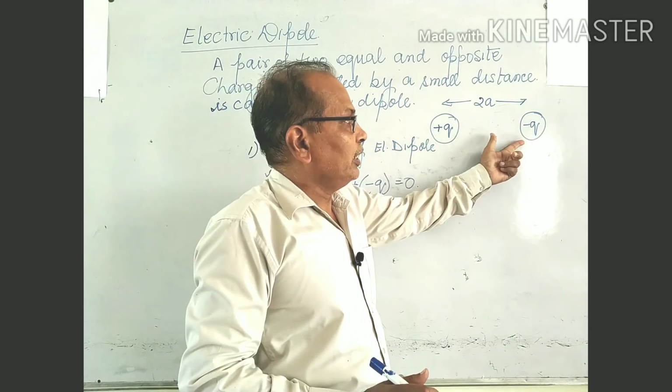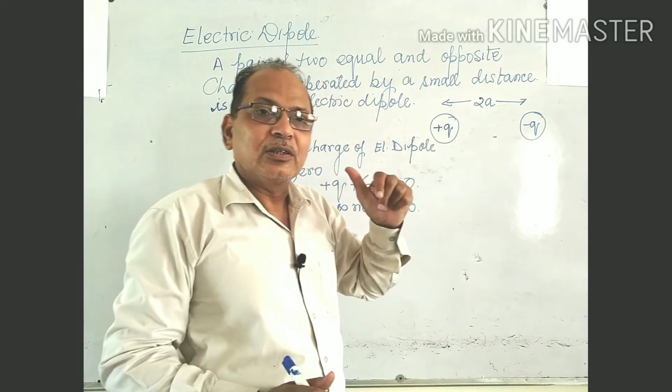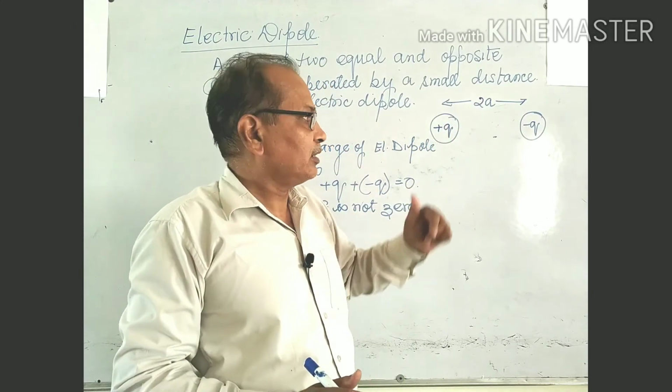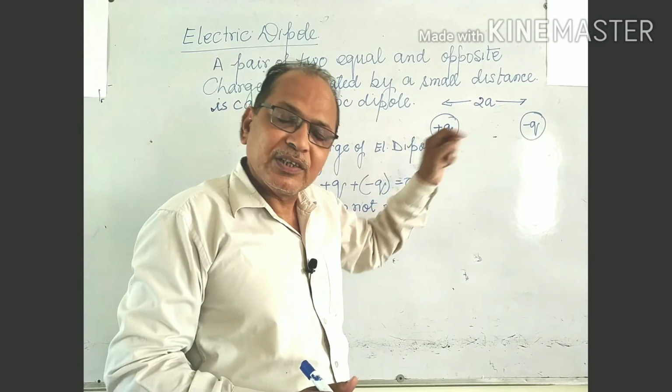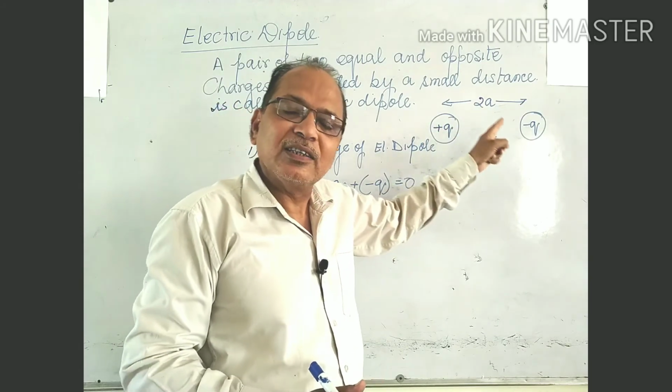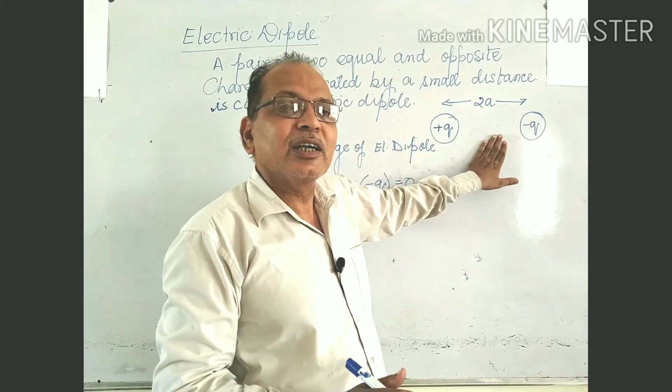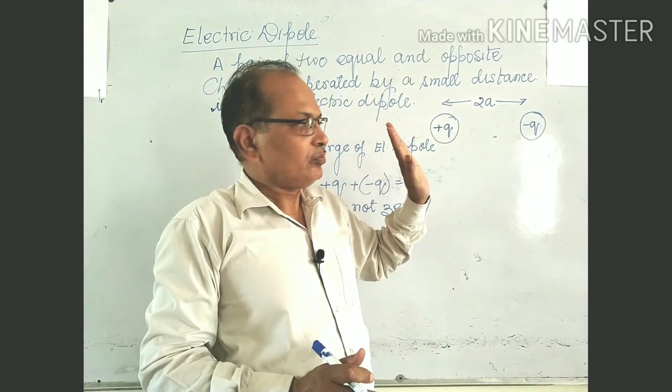Two equal and opposite charges have the same magnitude but different polarity. One is positive, another is negative, separated by a distance 2a. This forms a complete electric dipole.